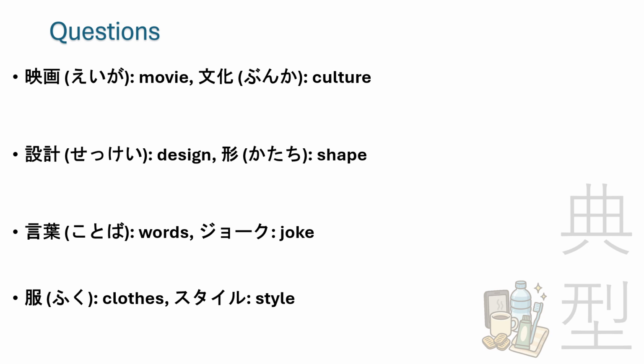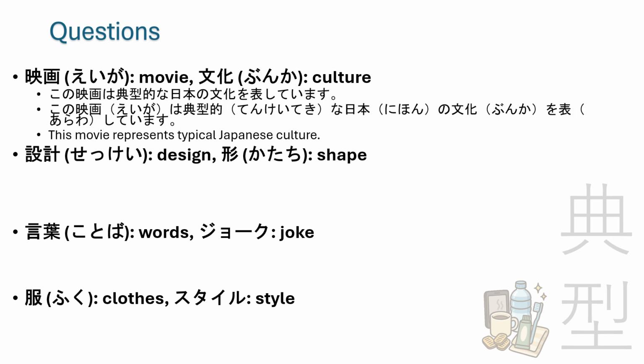Finally, let's practice the word 典型 with some questions. Can you create a sentence that describes how a movie, 映画, shows typical Japanese culture, 文化? Think about how films capture cultural essence. この映画は典型的な日本の文化を表しています.